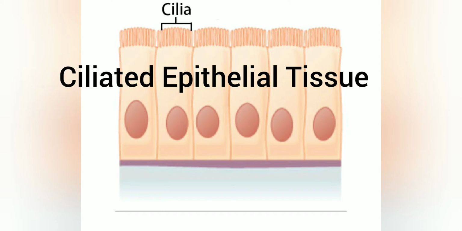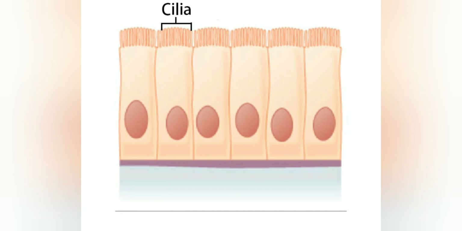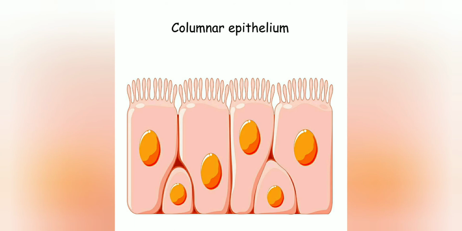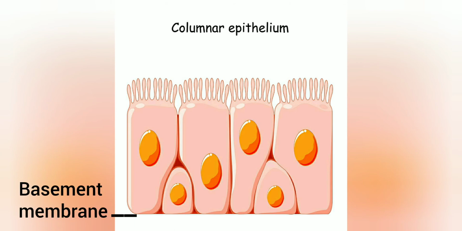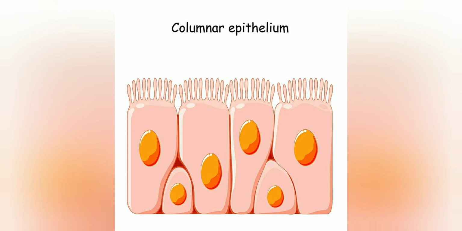Next tissue is ciliated epithelial tissue. Cells of this tissue are cuboidal or columnar. Free ends of cells are broad, while the narrow ends rest on basement membrane. Free ends show hair-like cilia.